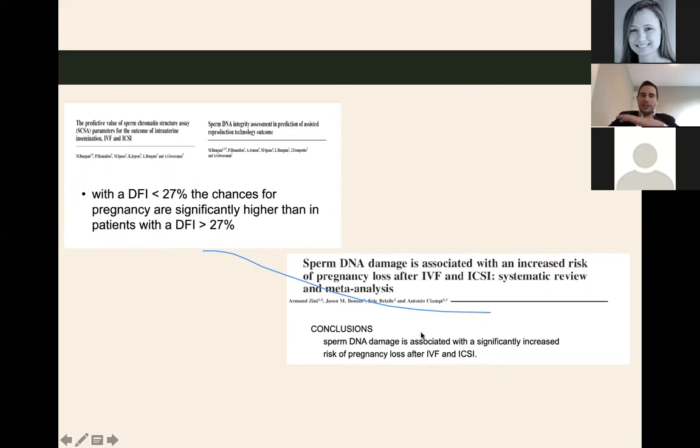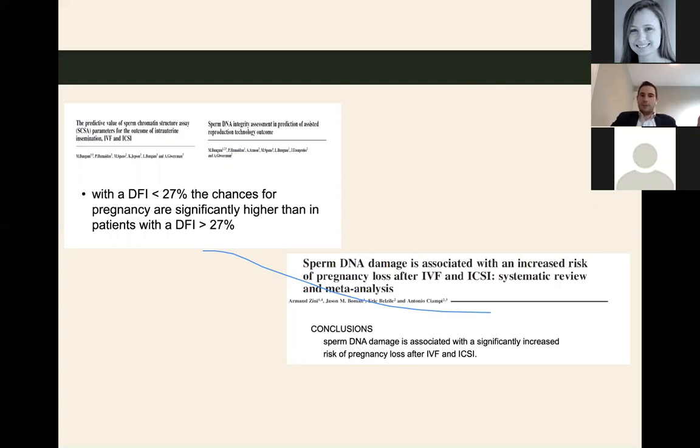So currently, DNA fragmentation is not part of the official guidelines by the AUA or the ASRM, which are the main bodies of fertility in the United States and globally. They are not part of the guidelines for a specific reason, because we don't have enough data or a good level of evidence or any causal relationship between this magic number of 30% and outcomes. We have only correlation.